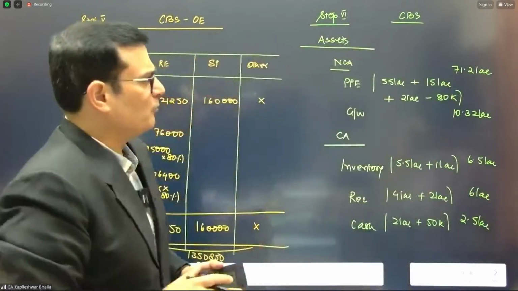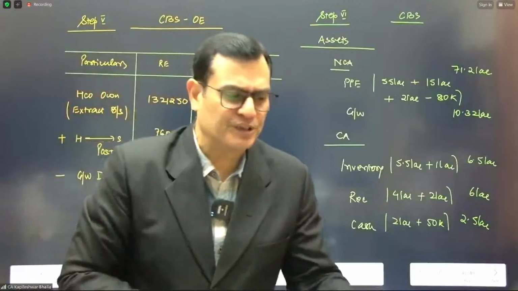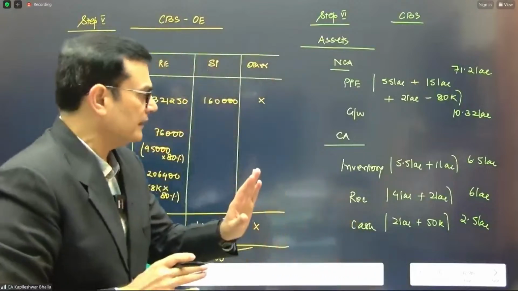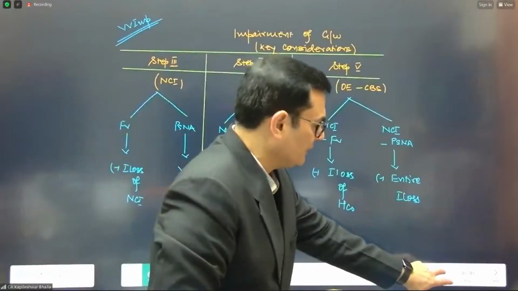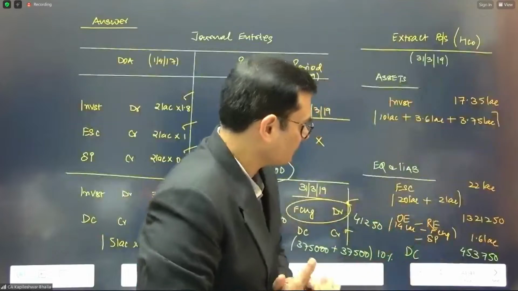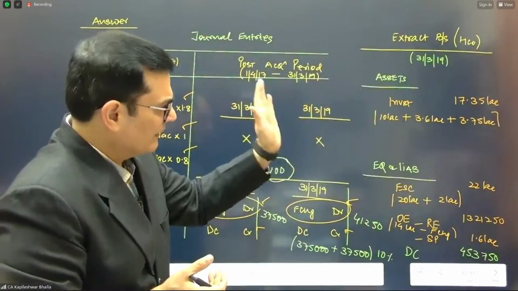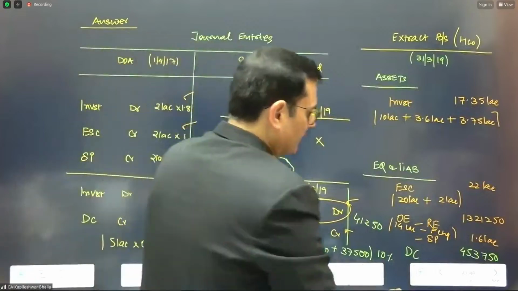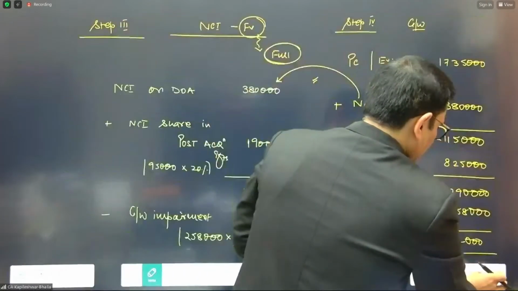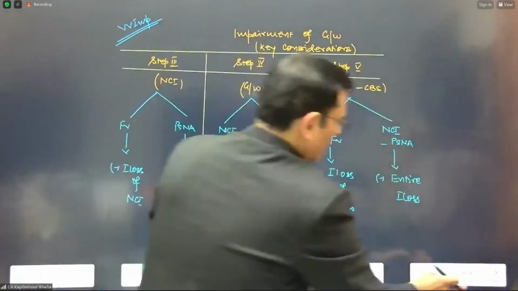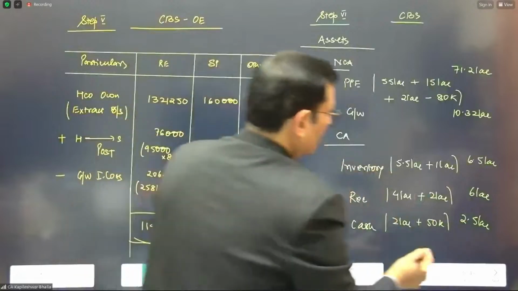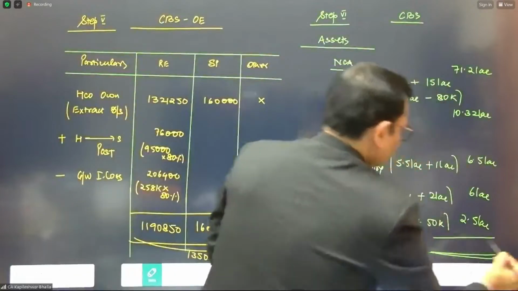Okay, let me just go back to the extract balance sheet to see if there is anything else on the asset side which needs adjustments. Okay, I think investment stands eliminated. That's done. We'll take care of the equity, share capital, other equity, etc. So there is nothing further. I think with this, we can get the total of the asset side of the balance sheet.